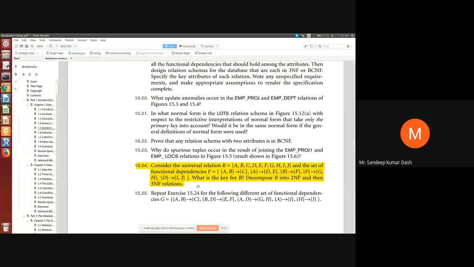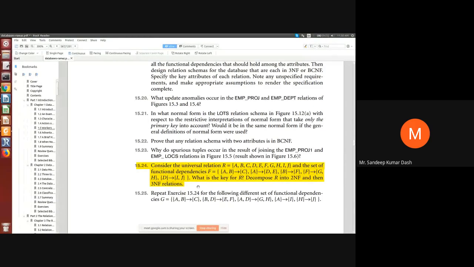This has to be decomposed into 2NF. Consider the universal relation R where there are 10 attributes, A to J. The set of functional dependencies is given: A, B determines C; A determines D, E; B determines F; F determines G and H; D determines I and J.